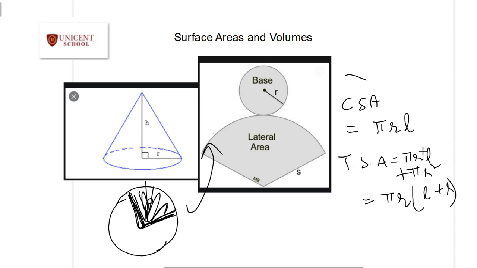To understand more about its application in word problems, let us understand a few relations before that. What is the relation between the cone and sphere?